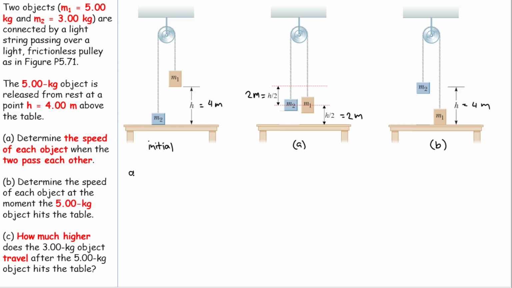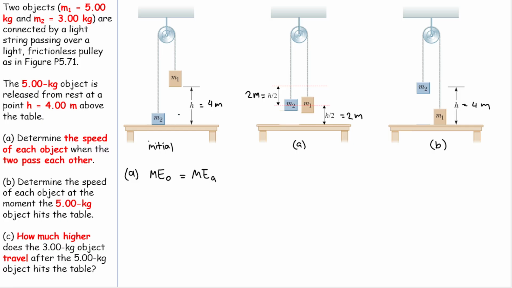Okay, so let's use the conservation of mechanical energy. The mechanical energy in this initial state, let's name this ME0, is equal to the mechanical energy in situation A, right? Let's analyze that in detail.